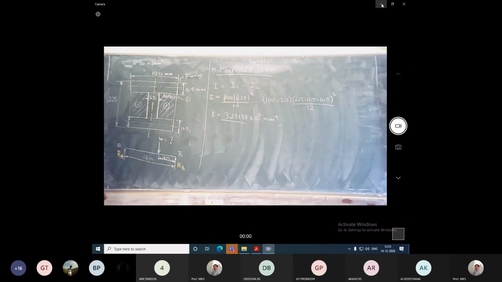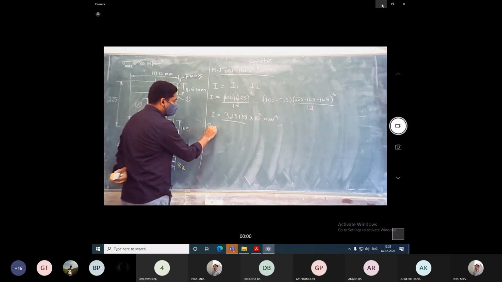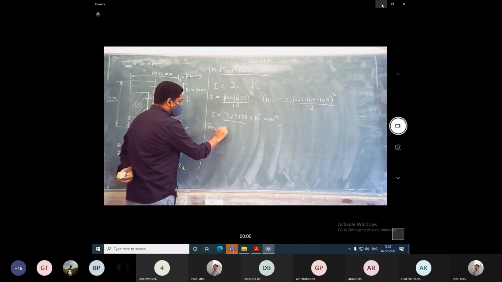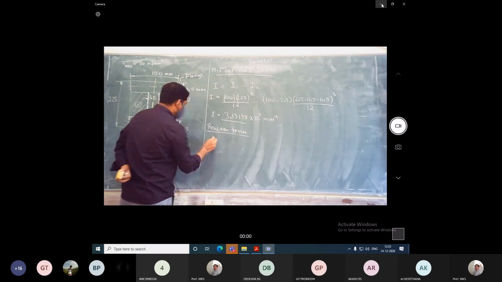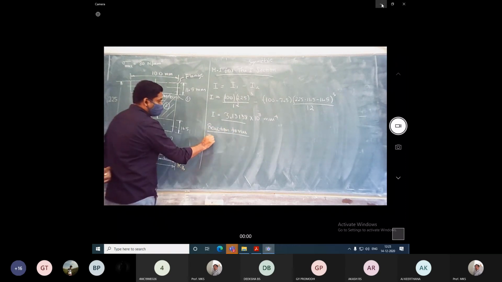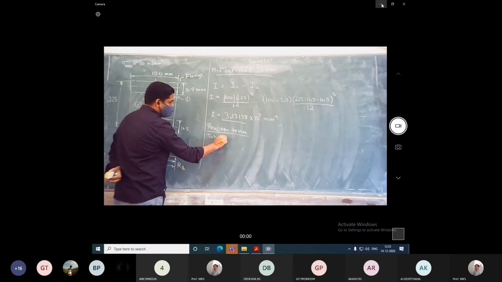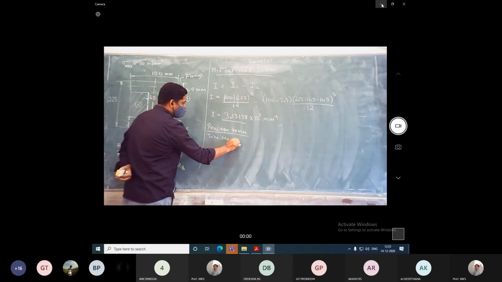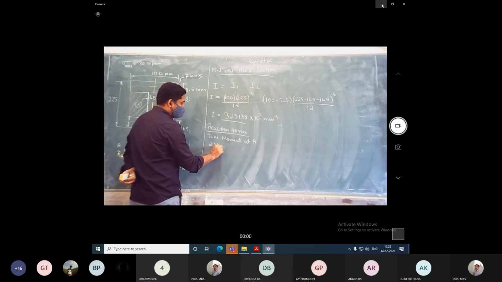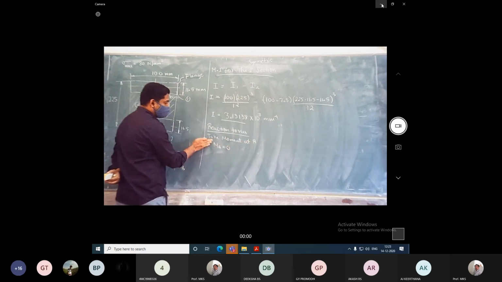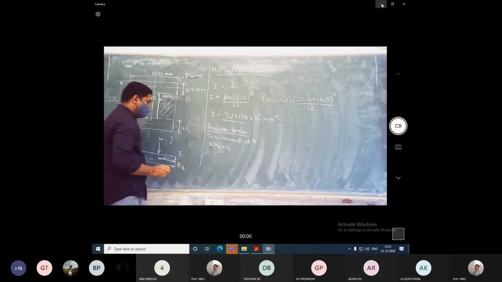To find the reaction forces, take moment at one of the points, at A. The sum of moments at A is equal to 0.